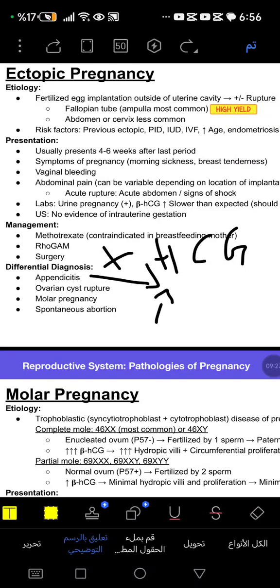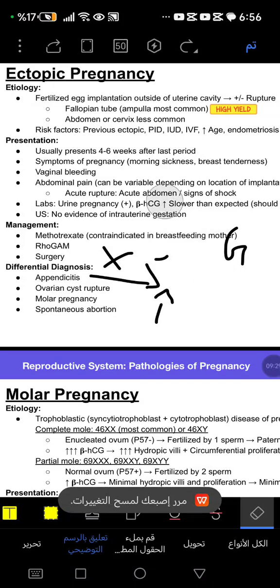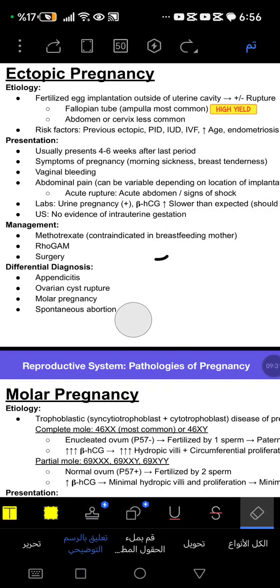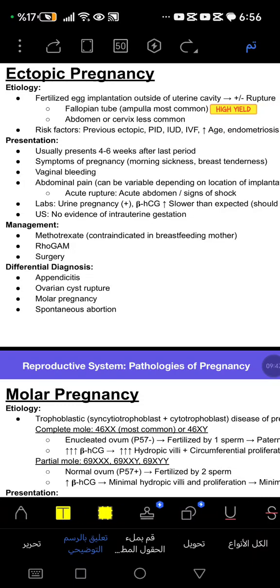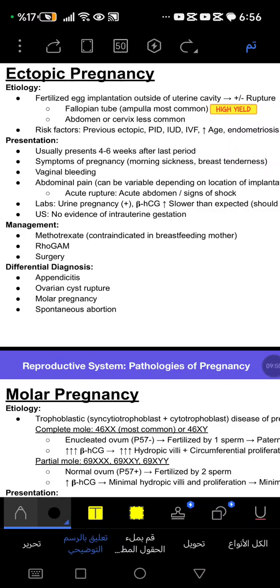But it may look like ectopic pregnancy. So if a woman comes to you complaining of severe lower quadrant pain, you should ask about menstruation and do a serum beta HCG test to rule out ectopic pregnancy.